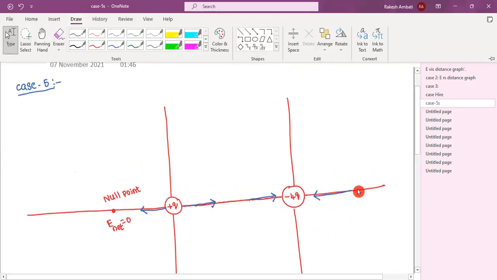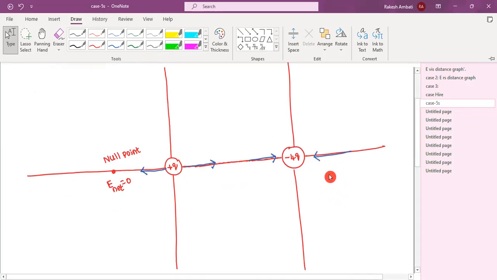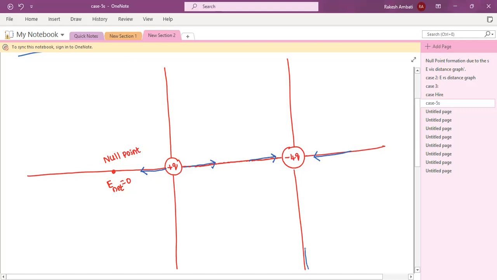First of all, this side: here intensity is in the negative direction, so the intensity graph is on the negative side. As the distance increases, intensity gradually decreases.